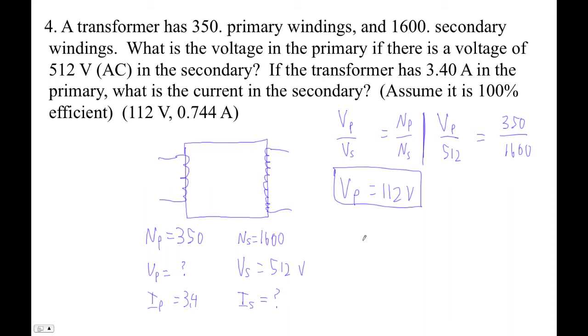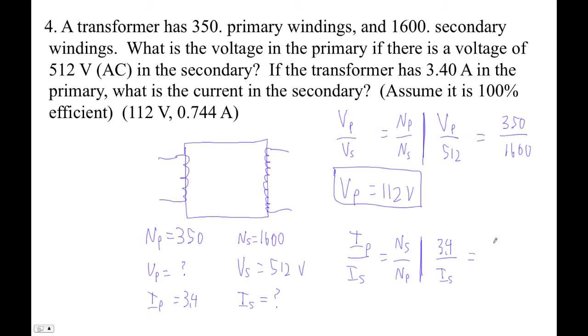Okay, I'll just use the IB formula here, and that is that the current in the primary over the current in the secondary equals N secondary over N primary. They've got something like this going on, right? Okay, so the current in the primary is 3.4. Current in the secondary is that, right?